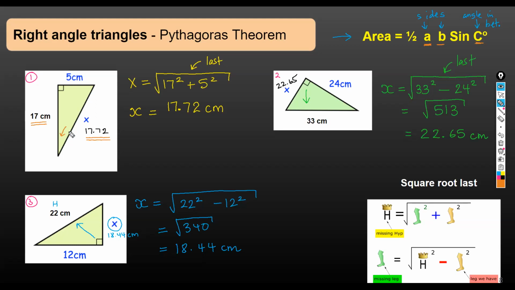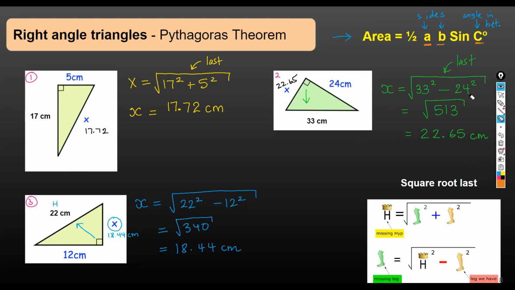Look at it carefully. Whichever 2 sides I choose, I must have the angle in between. And the answer is no, I do not have the angle in between. So what are the 2 correct sides to choose if I cannot choose 17.72 and 17? What are the 2 correct sides to choose?